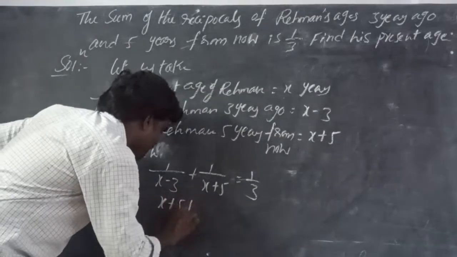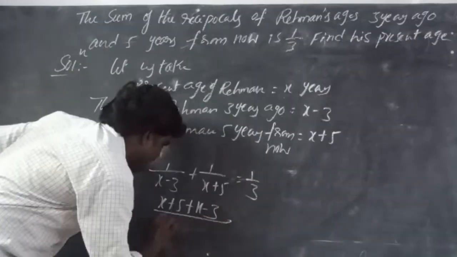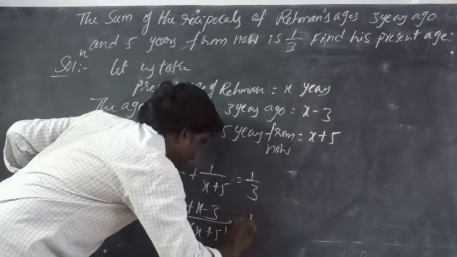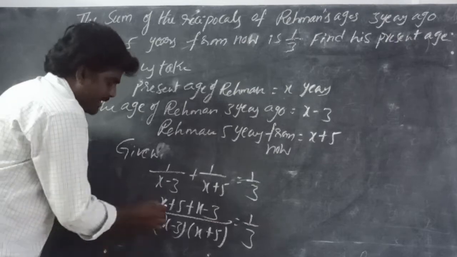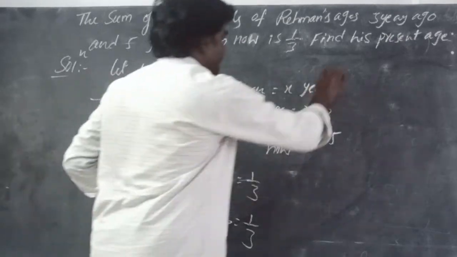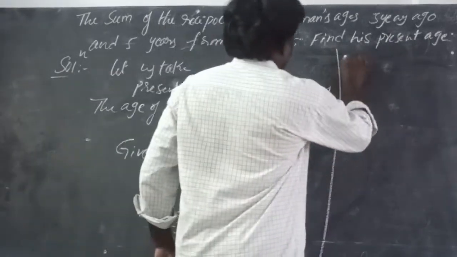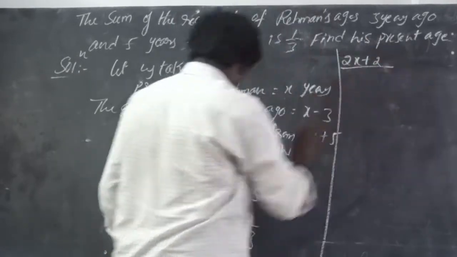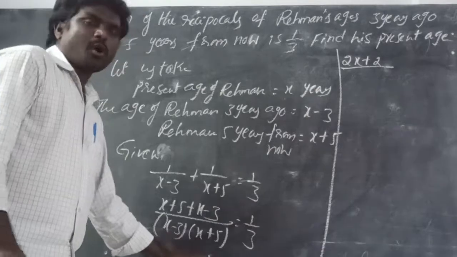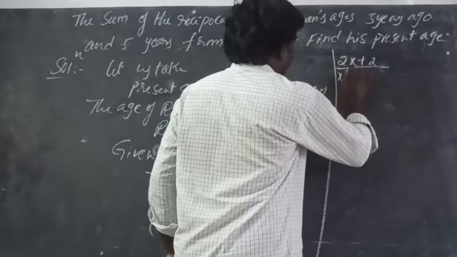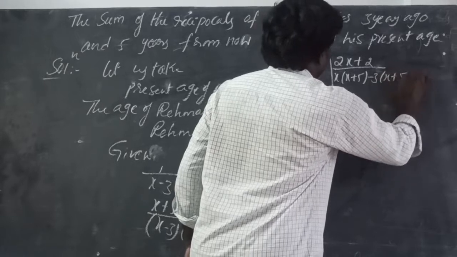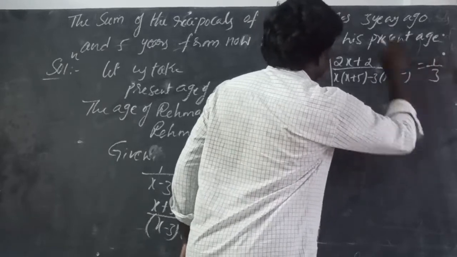x plus 5 plus x minus 3 by x minus 3 into x plus 5 is equal to 1 by 3. Okay, x plus x, 2x, plus 5 minus 3, plus 2, by the product of two polynomials. So that is x of x plus 5, minus 3 of x plus 5, is equal to 1 by 3.